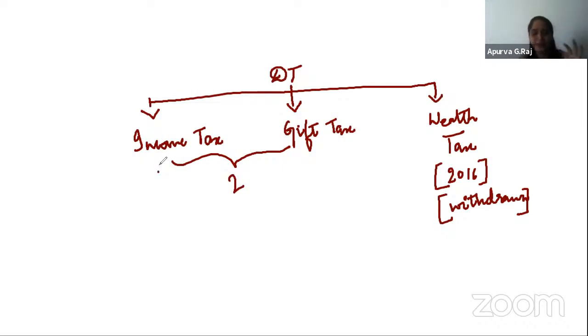Actually, gift tax has been combined with one of the heads of income, that's income from other sources. Hope it is clear. Now, you should also understand an authority. Who is the authority to levy taxes? There should be an authority. Without an authority, you cannot levy taxes. For this, you should refer to the Constitution of India.